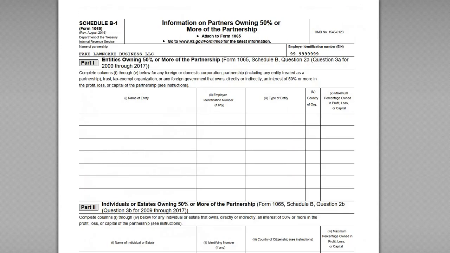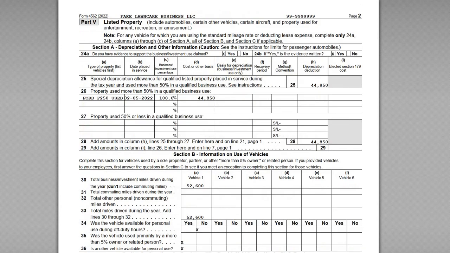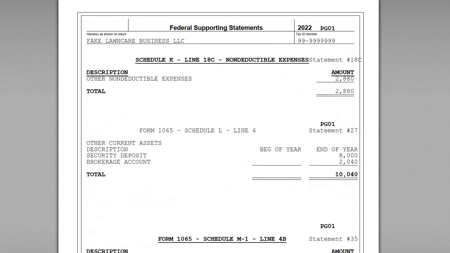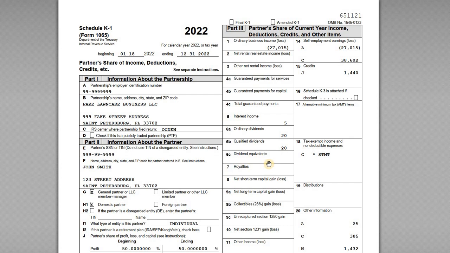So if I start to look at the Schedule K-1, you'll be able to see where this information shows up. Okay, so let's start looking at the K-1 for John Smith. So this is John's K-1. He gets a 50% allocation of all the items.